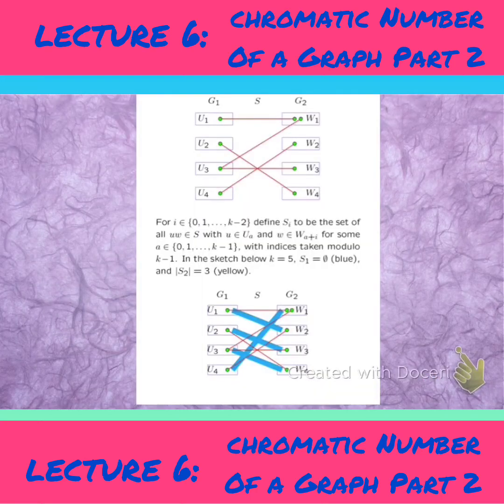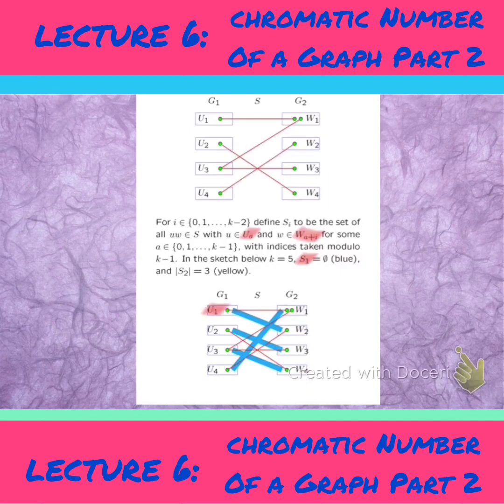Right, so look at the special case where k minus 1 is equal to 4. Then if we look at S1, you count all the edges between U_a and W_{a+i}, remembering you're taking that mod k minus 1.